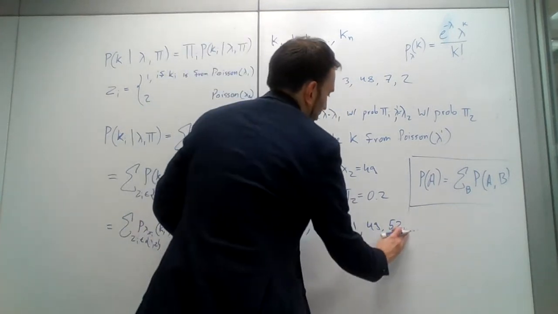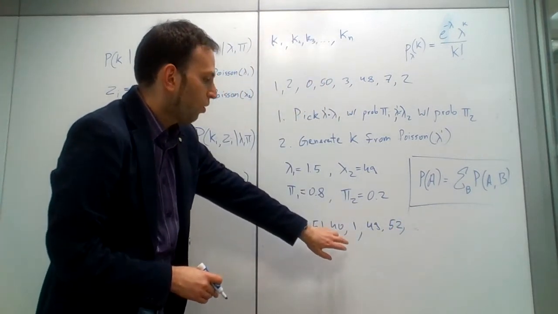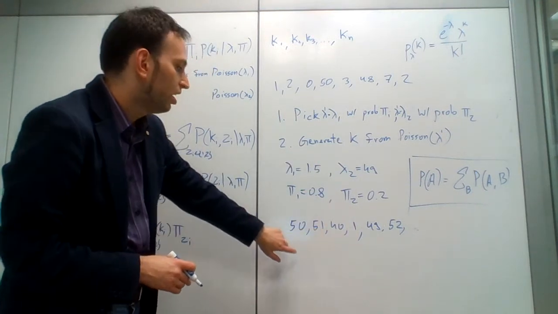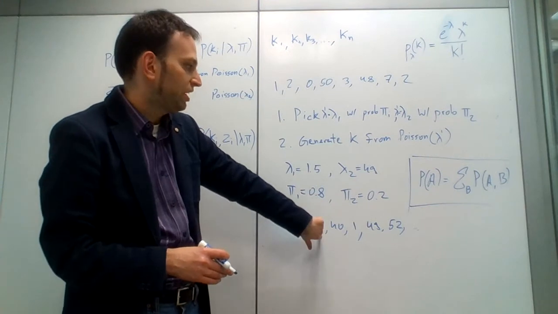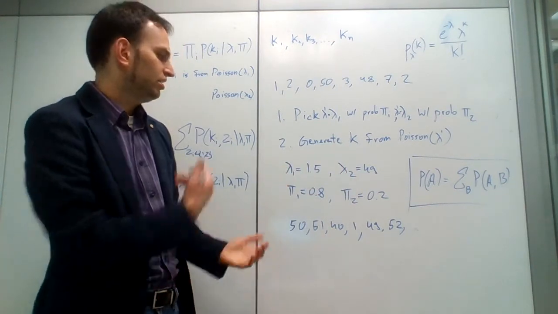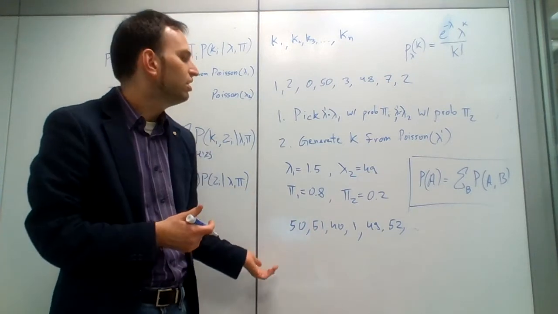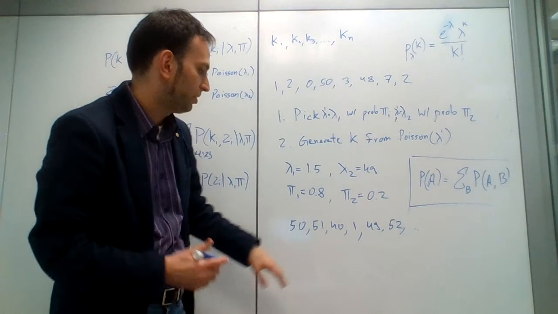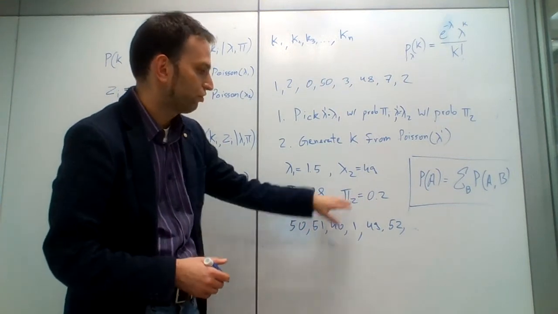So under those parameters, this is looking kind of unlikely, right? Because most of those numbers seem to be coming from Poisson lambda 2, not from Poisson lambda 1. It's not going to be terribly unlikely. It could happen, but it's less likely than observing something where the proportions are correct.